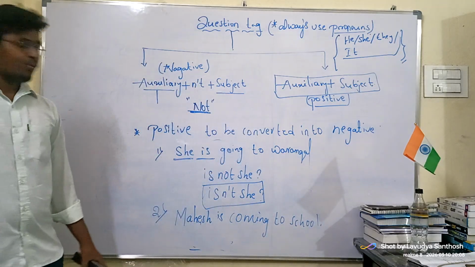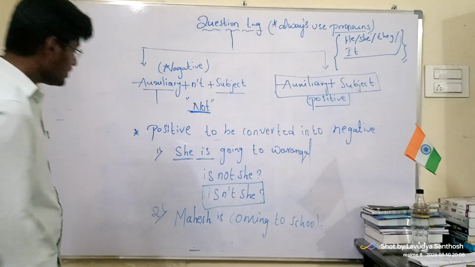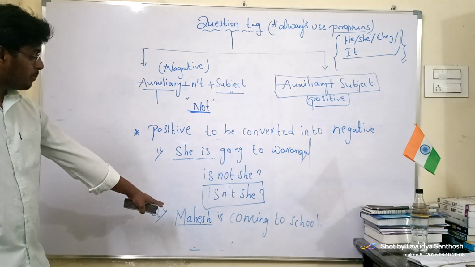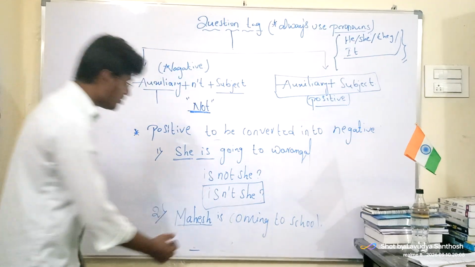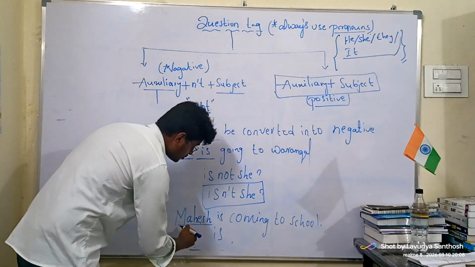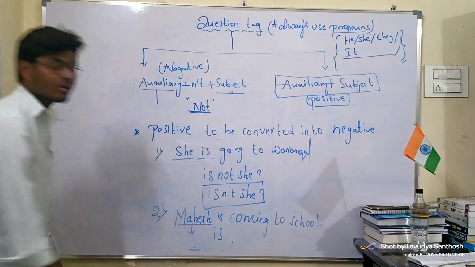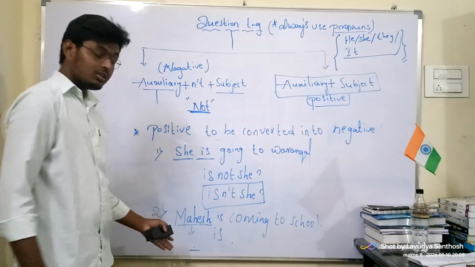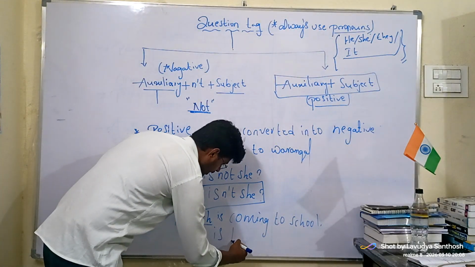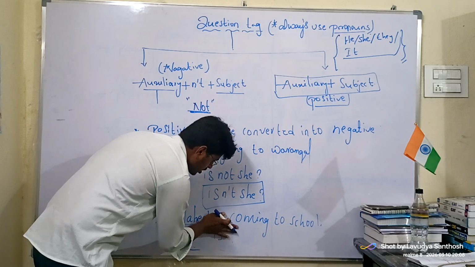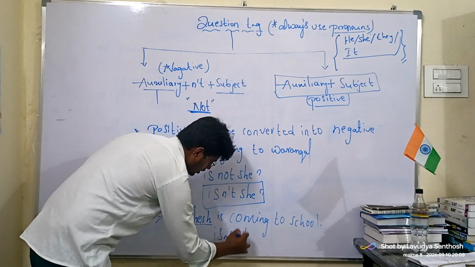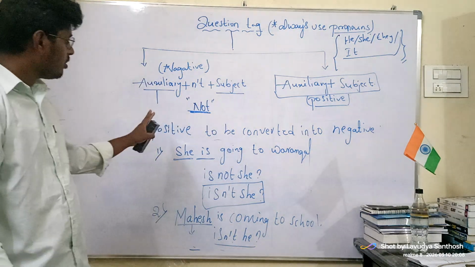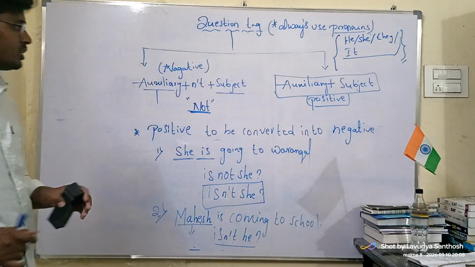Now our question: since Mahesh is a noun, but we have to use a pronoun, most of the time it is male gender, so we have to use "is not," "isn't he." This is the question tag. This is how you write question tags.